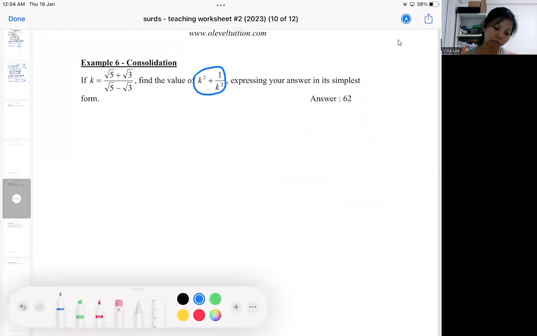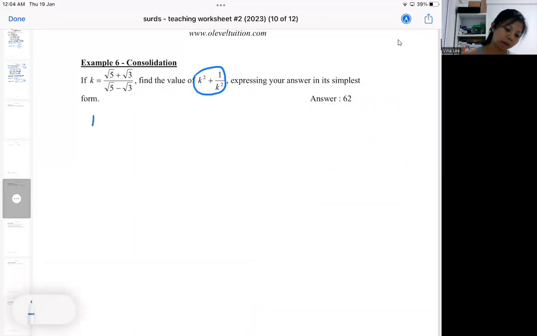So in this question, because in the original K there's a surd in the denominator, I will actually go for my rationalization first before I carry on.